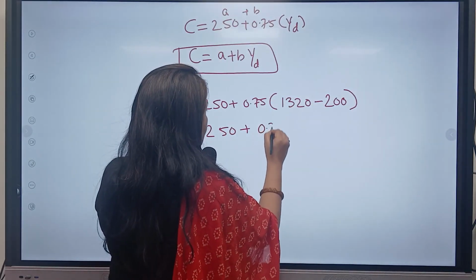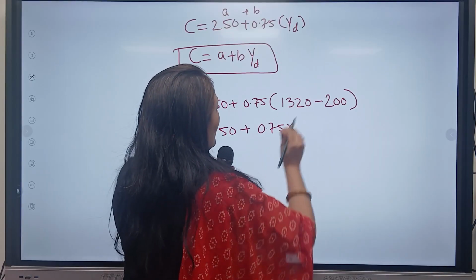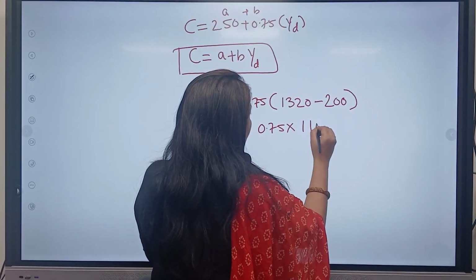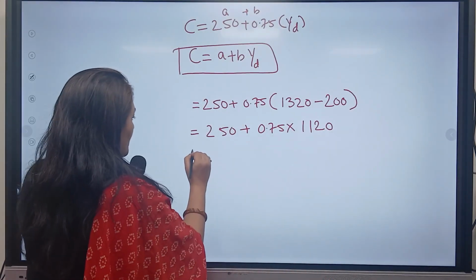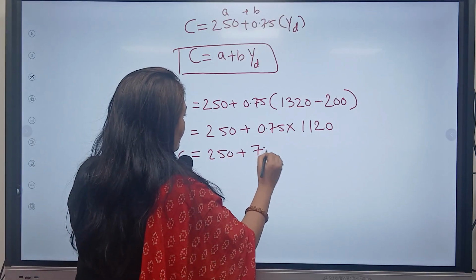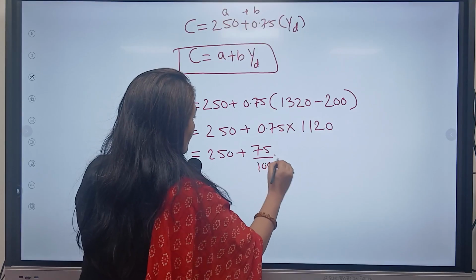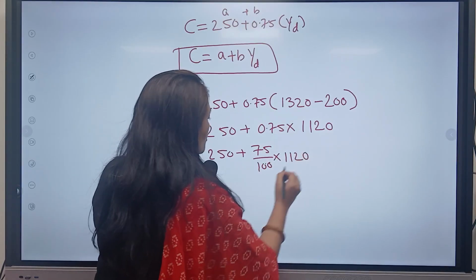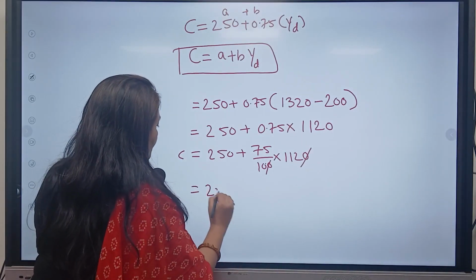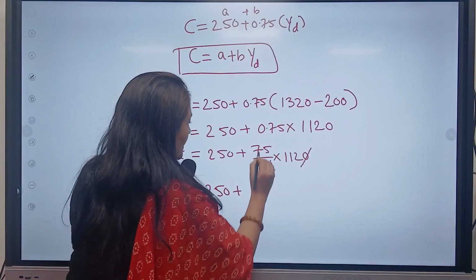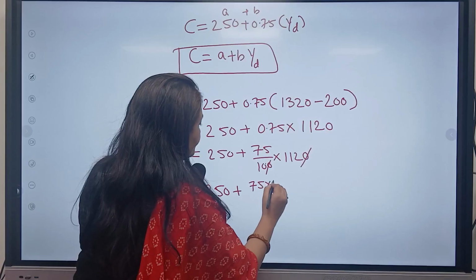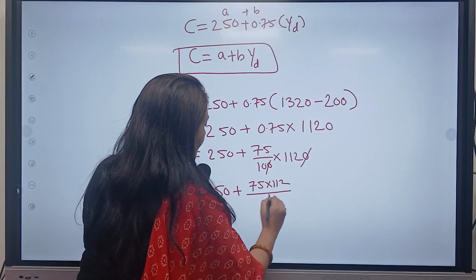So 0.75 into 1,320 minus 200, the answer is very simple, 1120. Let's solve this. So 250 plus 75 upon 100 into 1120. I'm just cancelling out zeros. So we get 250 plus 75 into 112 upon 10.